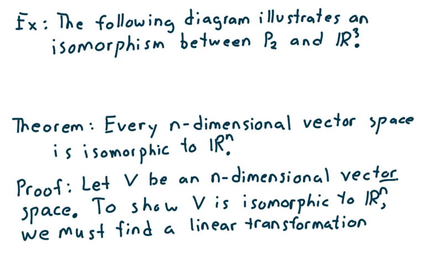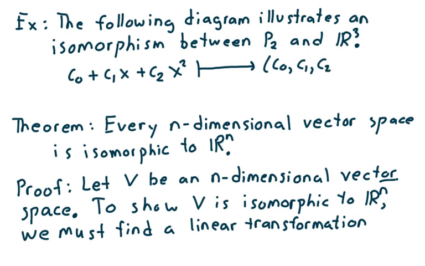So I'm going to take c0 plus c1x plus c2x squared, and I'm going to map it to (c0, c1, c2). And I claim this will be an isomorphism between P2 and R3. And this would be good to check.